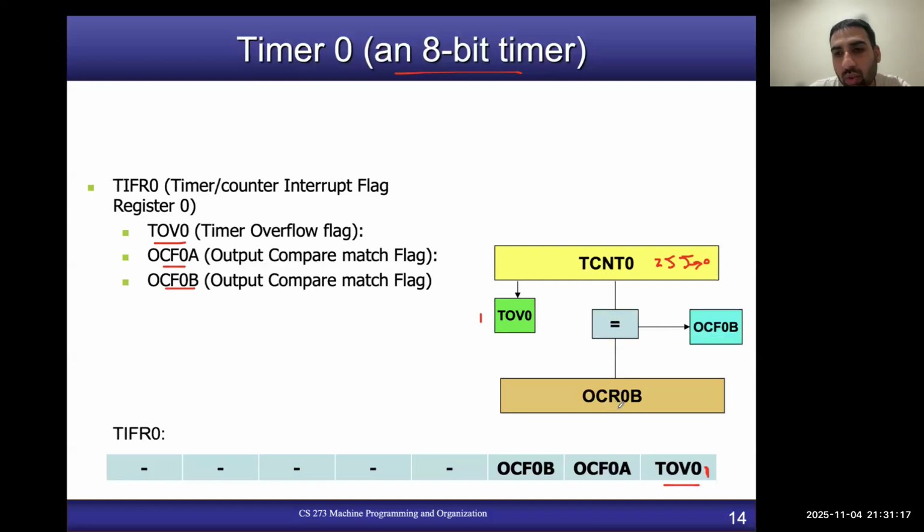And then you have two output compare registers for timer 0, A and B. Here you can put a value, for example, you put 100, right?